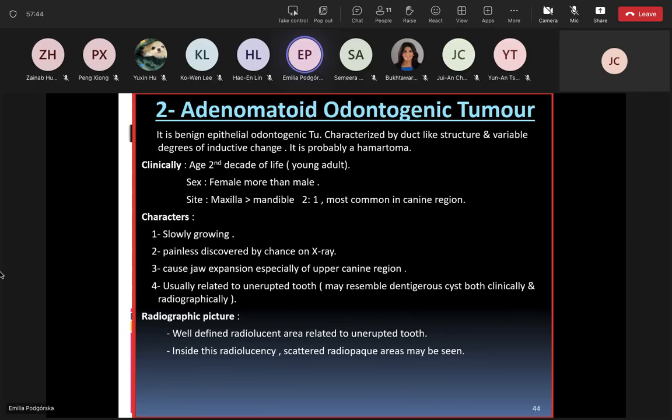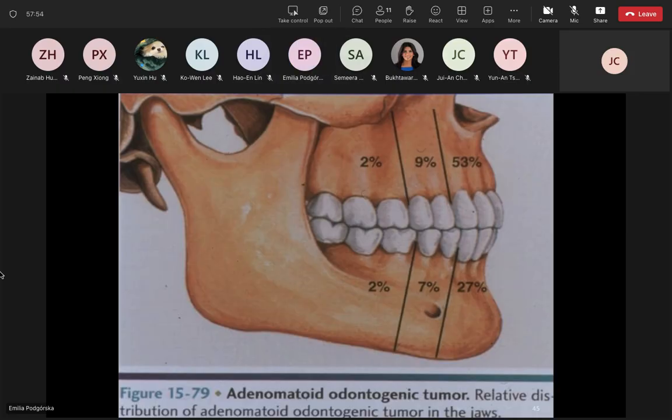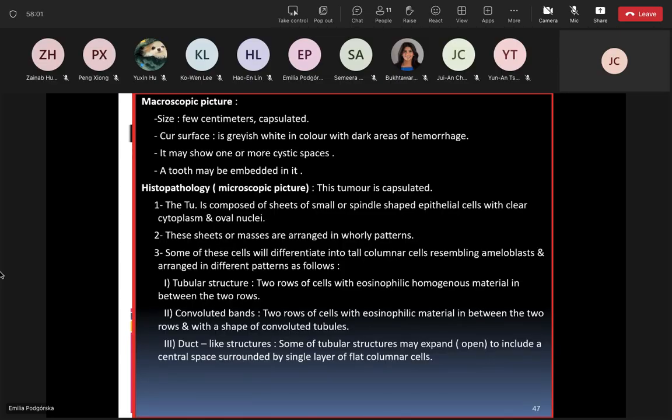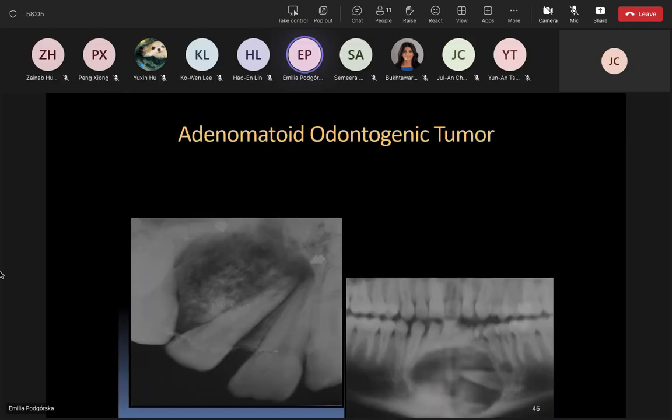The radiographic picture: a well-defined radiolucent area related to an impacted tooth, and inside this radiolucency, calcified radiopacities may be seen. You can see on the picture an adenomatoid odontogenic tumor.